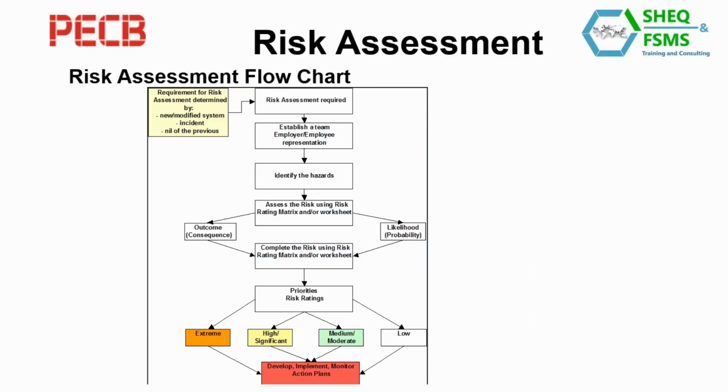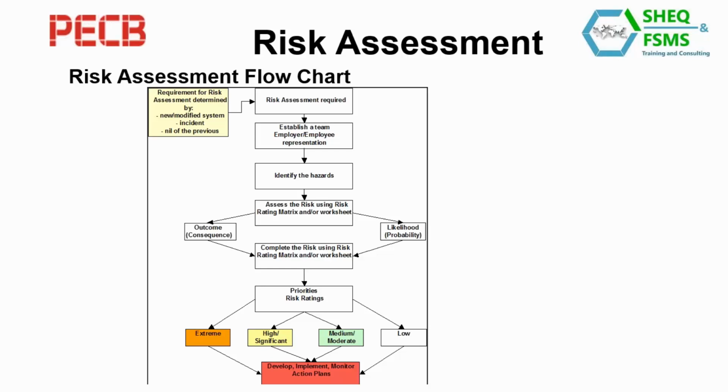Now let's look at the risk assessment flow chart. First of all, there must be a requirement for risk assessment, which is determined by management or members of the organization. And this is determined either by a new or modified system or an incident. So what you should do first: risk assessment is determined and required.